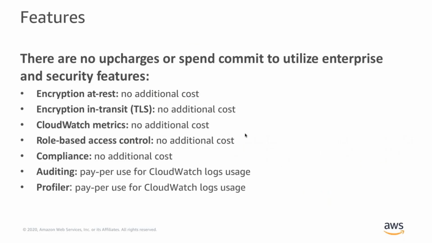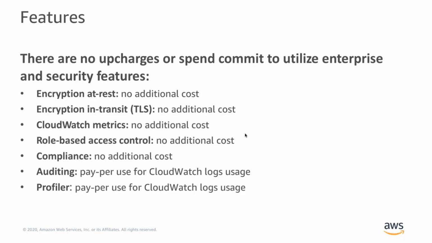Now, there's a few more things to talk about here, features, and then we'll talk about support. When you think about using a database, there's the metered costs, and then there's kind of the peripherals, right? And this goes into the total cost of ownership and things that you should consider. With DocumentDB, there's no upcharges or commit spend or anything like that to be able to use enterprise security features.